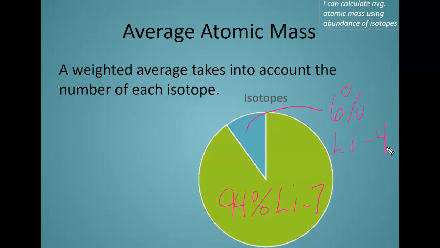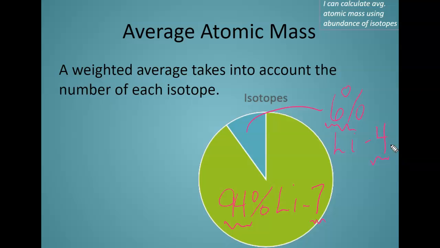Okay, and so when we are talking about the weighted average, or how do we weight the average, we're going to take into account both the percentage and what those mass numbers are, what masses we are using.